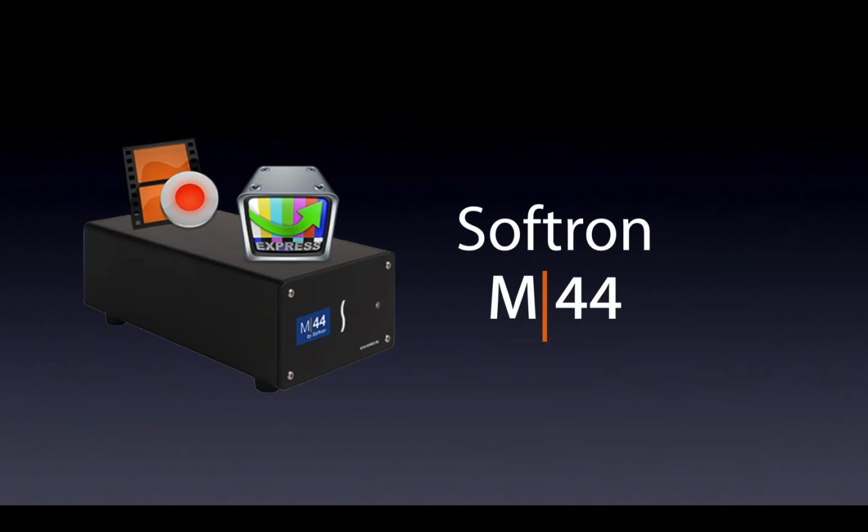And then just a nod back to the folks from Softron. They've done something really interesting in the marketplace, working with the folks from Sonnet, who we looked at earlier, where they've taken a Thunderbolt expansion chassis and created the M44.